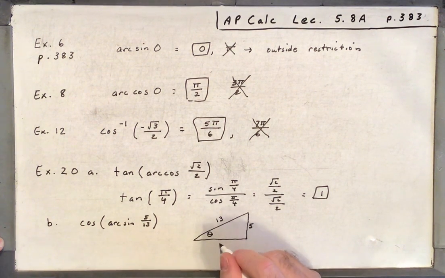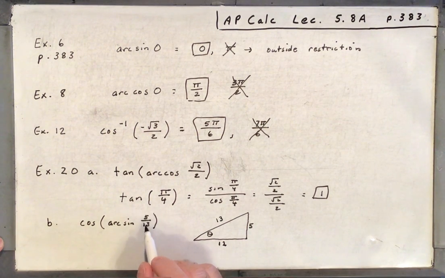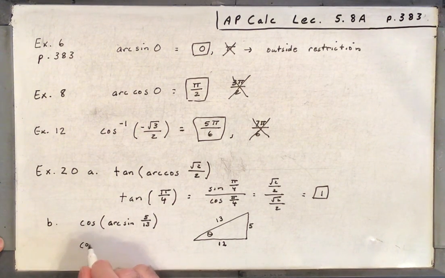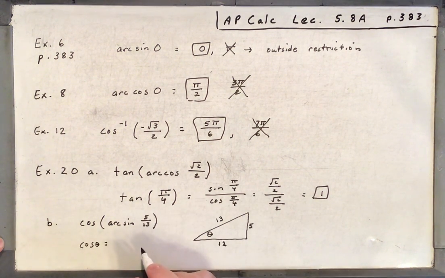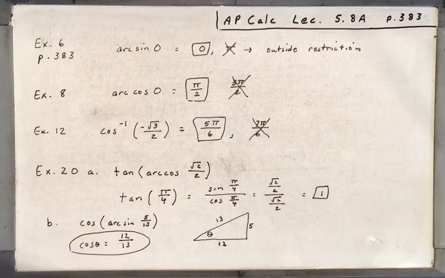If you go through the Pythagorean theorem, or maybe you've memorized this one, this is a famous right triangle, then the adjacent would be 12. Okay, so we know we're in quadrant 1 because the answer is positive, so the cosine of angle theta is going to be adjacent over hypotenuse, or 12 over 13. All right, pause the video if you need to, and we will move on to the next example.